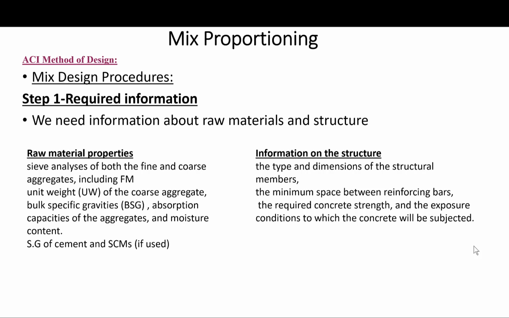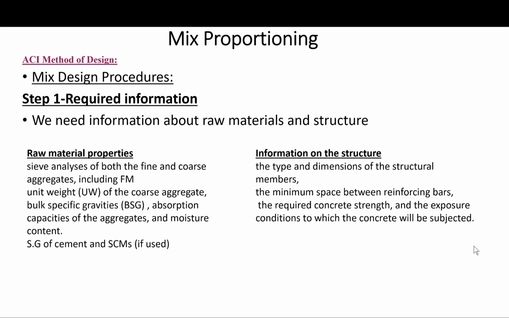Step number 1 is the required information. Before starting the mix design process, information is required on both the materials to be used and the structure into which the concrete will be placed.